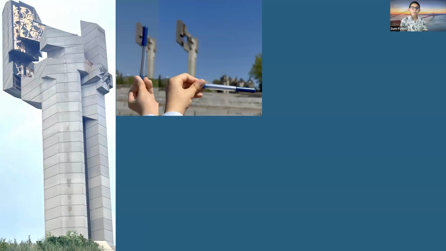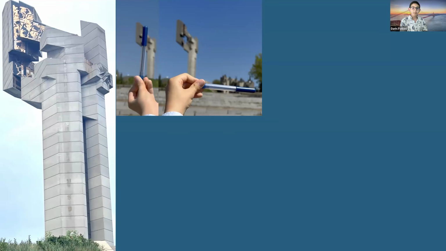I tried to estimate the size of the monument using a method that shows how tall it was using perspective. I used a pen and stood at a distance so that it looked as tall as the monument, but the ground around the monument is uneven, so I couldn't take any measurements.